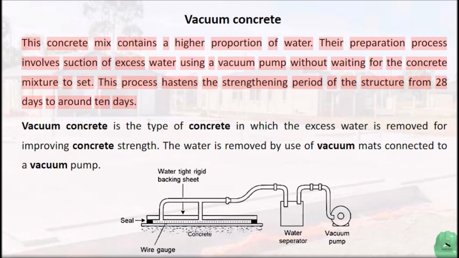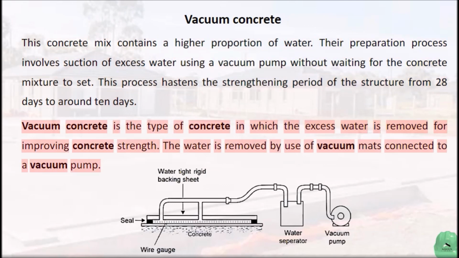This process hastens the strengthening period of the structure from 28 days to around 10 days. Vacuum concrete is the type of concrete in which the excess water is removed for improving concrete strength. The water is removed by use of vacuum mats connected to a vacuum pump.